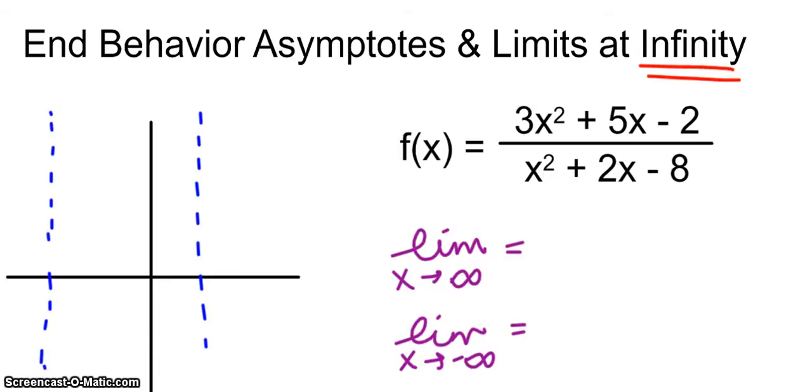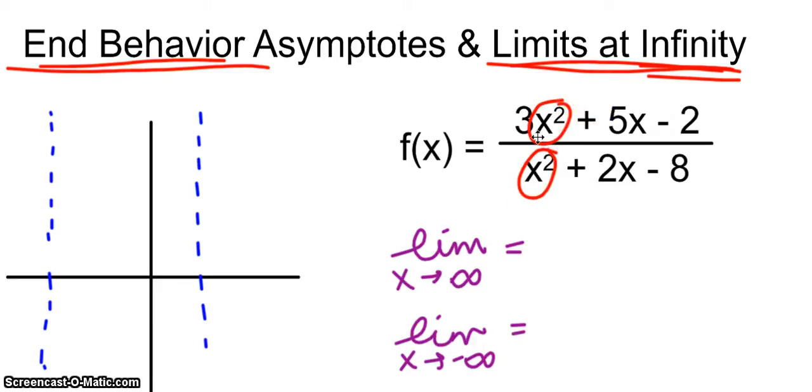Well, here, if we think about the limit as x goes to infinity, or finding the end behavior asymptote, both of those things you're going to approach in the same way. Thinking about the heaviness of this function, or the weight, the power, x to the second and x to the second are even heavy, in which case there is a horizontal asymptote at the line y equals 3.